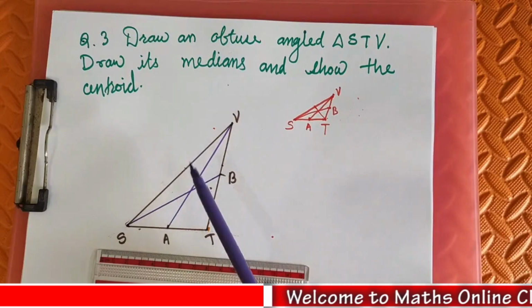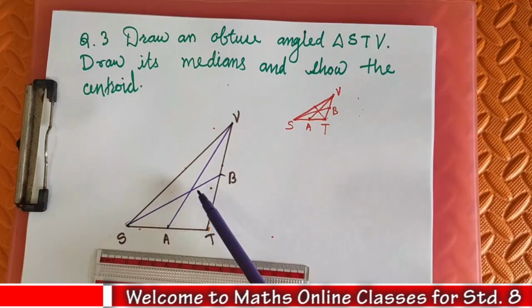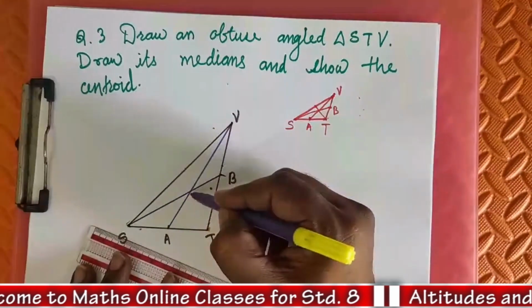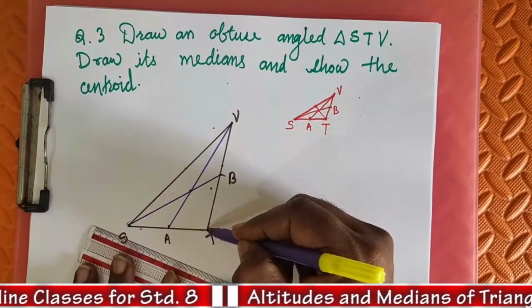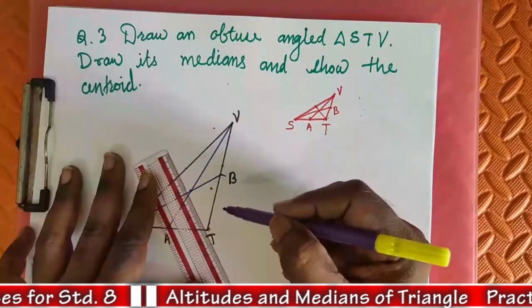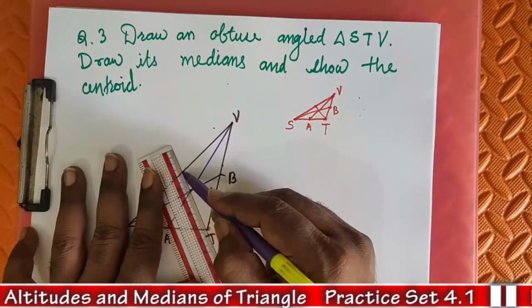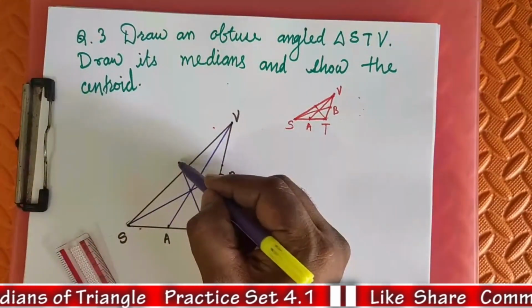But we know that all medians are concurrent. Therefore I will take this point of concurrence and T into consideration, and I will draw the third median, and I will give it name C.